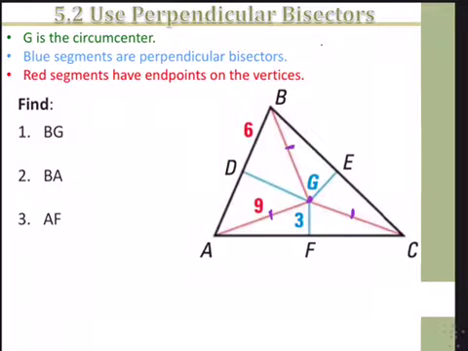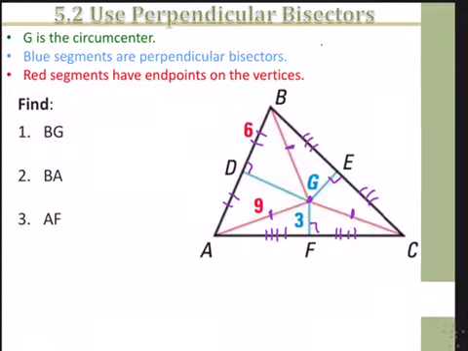The blue segments are perpendicular bisectors, which means everywhere here we have right angles, and also, because of the bisected part of perpendicular bisector, we know we're going to have some congruent segments as well. So in setting all these things equal to each other, or establishing right triangles, this is going to be enough to actually find BG and BA and AF as we're being asked.